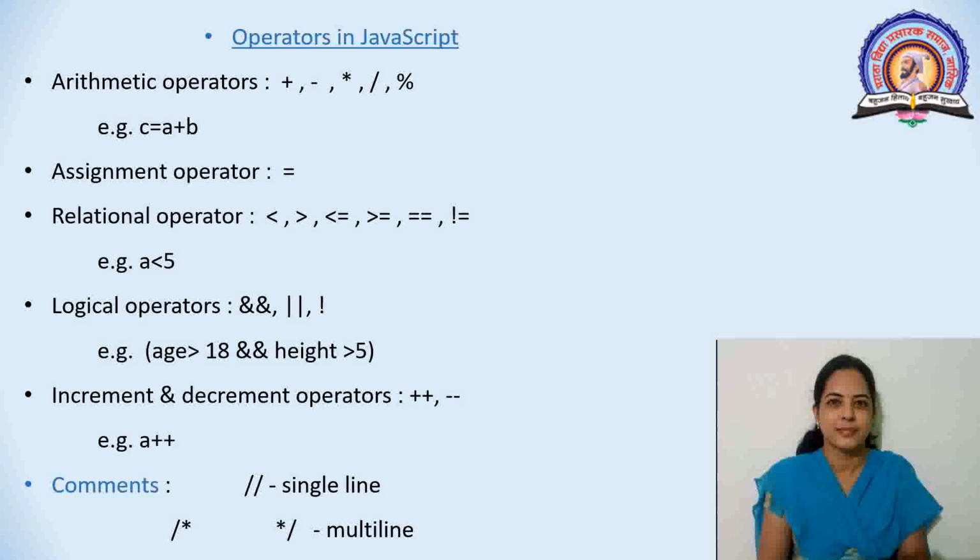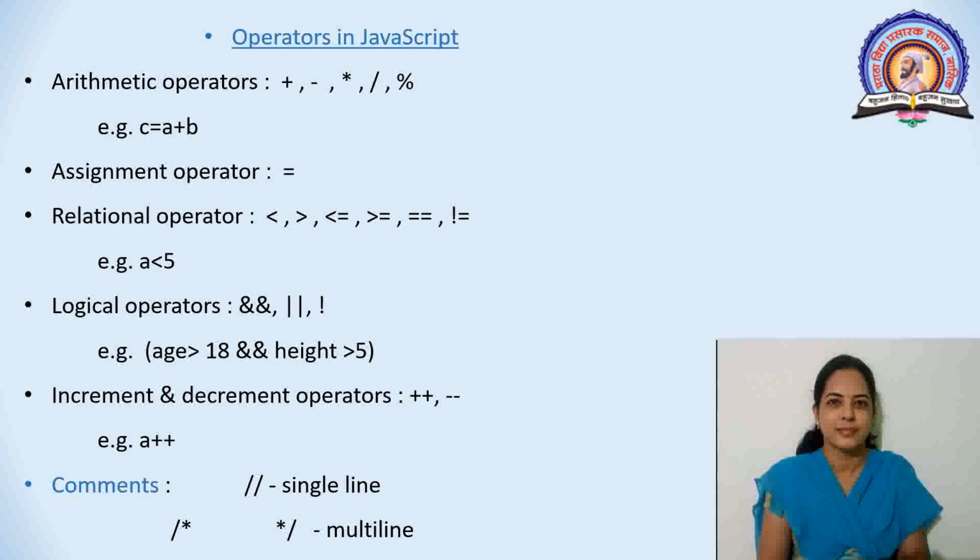Same way decrement is also two types, pre-decrement like minus minus x or post-decrement, for example x minus minus. So these are increment and decrement operators. So all these are different types of operators in JavaScript.